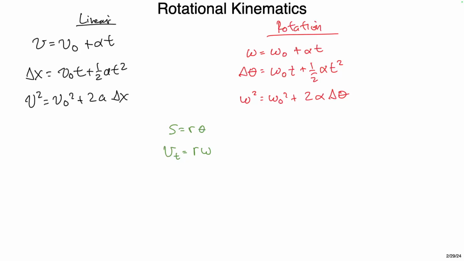Why did I put a little t on that thing? This is the tangential velocity that something has as it goes around. Okay? So at any one point, if I freeze this in time, let's say this thing is rotating from your point of view, that would be counterclockwise, right? Okay. So as it rotates around like this, we can look at an instant in time, and at this instant in time, what direction is the ant going? That way, right?